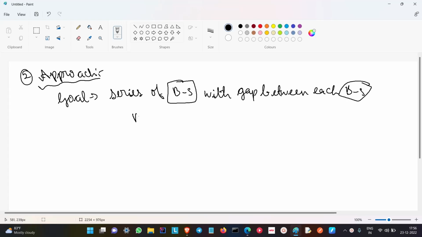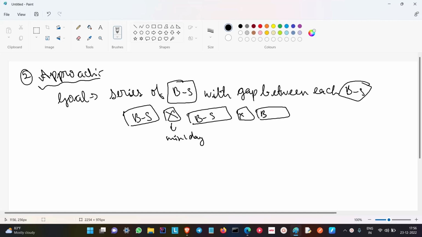It's nothing but if we are having a buy and sell here, there should be a gap for a minimum of 1 day, and it can be a maximum of any. So after this, buy, sell and gap, and it continues. So this is the thing.